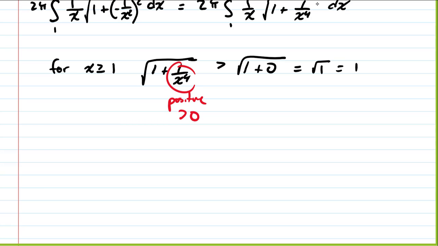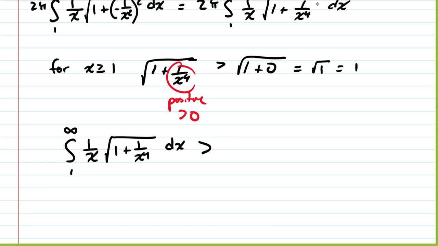the integral from 1 to infinity of 1 over x times the square root of 1 plus 1 over x to the 4th dx, by the comparison theorem for integrals, this integral has to be bigger than the integral from 1 to infinity of 1 over x times, and I'm going to put in 1, right?